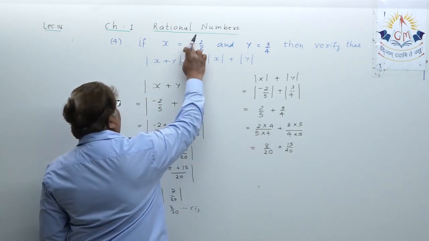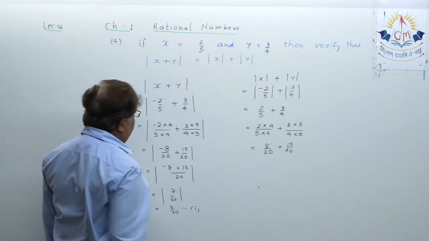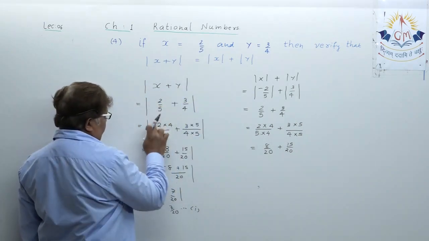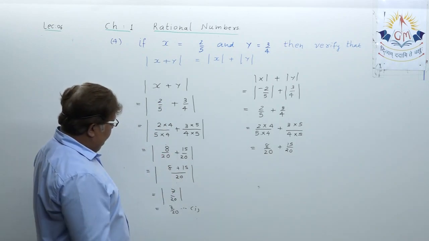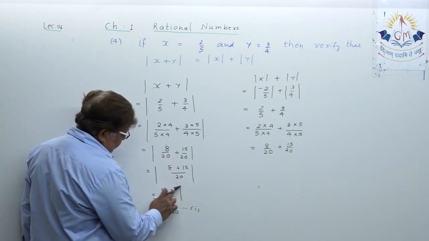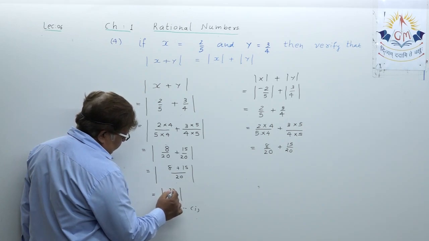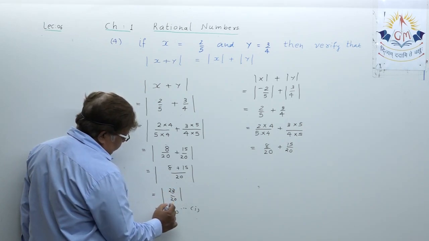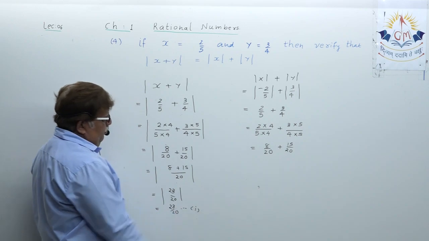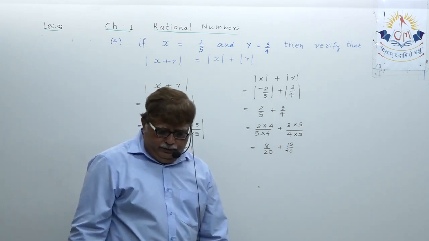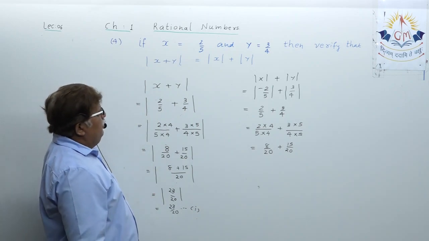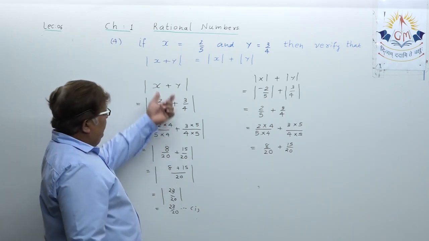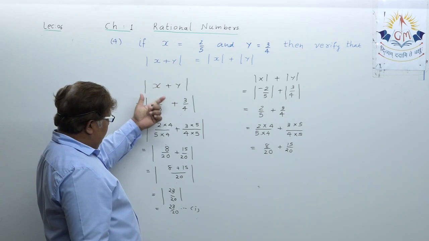Here it is 2 upon 5, dear student. Please make a change in this. So this is 23. There was just a simple sign mistake. Please verify this. Just make a minor change which we could not do.